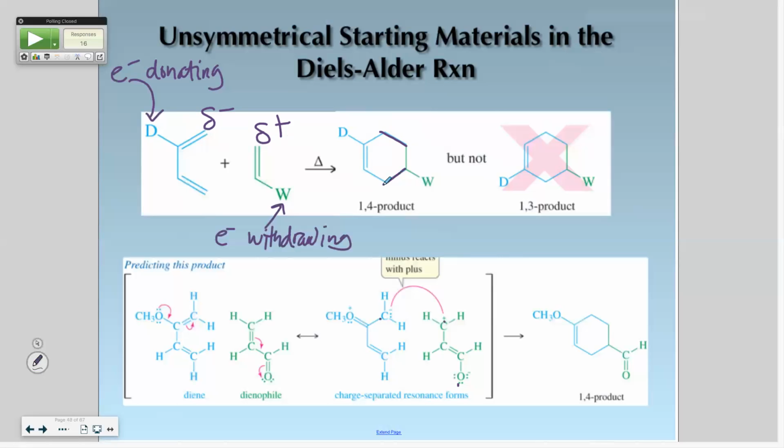You can put them together this way, or you can put them together that way. Okay, which one does it do? It only does one. And the way to figure it out is to look at the resonance forms and find the most negative part and the most positive part and stick those ends together. That's how you know that that's your product.